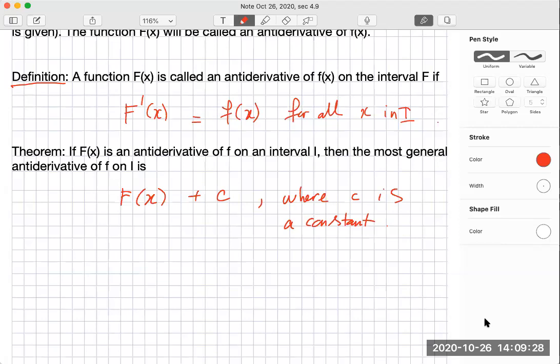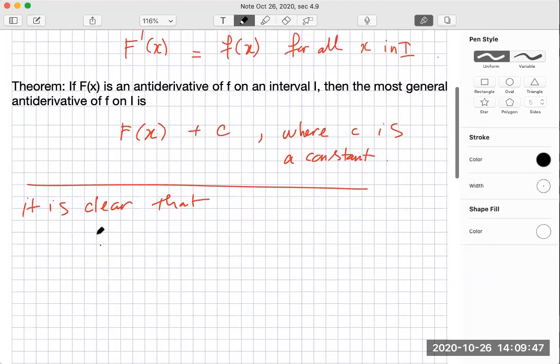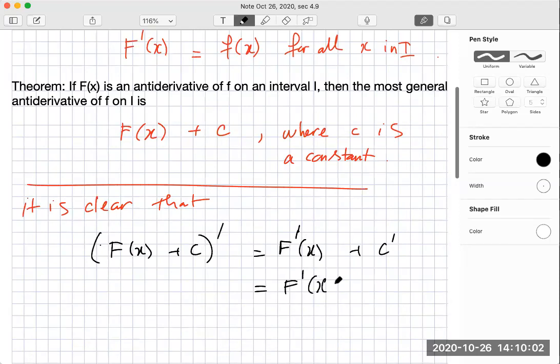Because the derivative of a constant gives us 0, right? Therefore, it is clear that the derivative of F of x plus c will be the derivative of F of x plus the derivative of c, which is the derivative of F of x, where c is a constant.